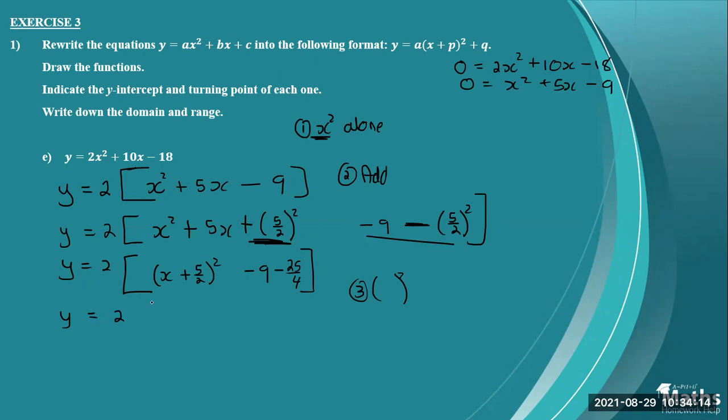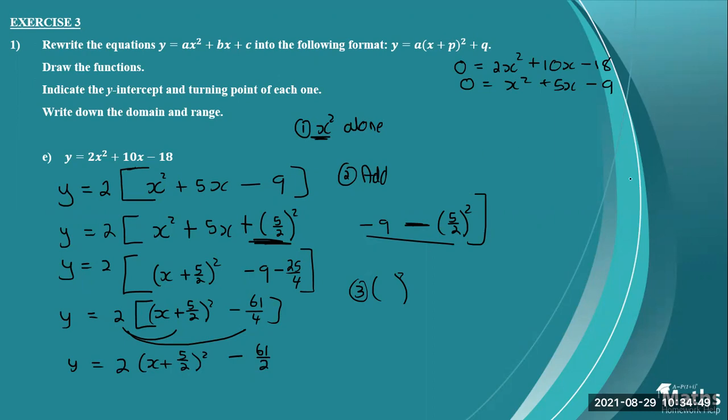So then it's going to look like this, x plus 5 over 2 squared minus 61 over 4. And the last step, you just distribute this 2 in. So it's going to be 2 times x plus 5 over 2 squared. And then just use your calculator. It will be 2 times 61 divided by 4. So that's going to give you 61 over 2.